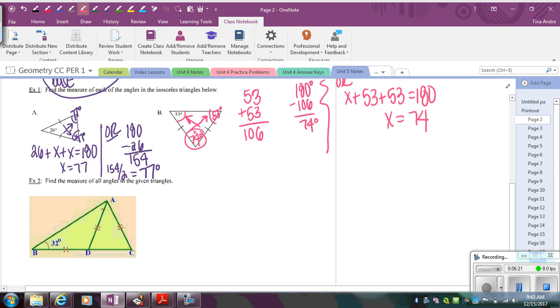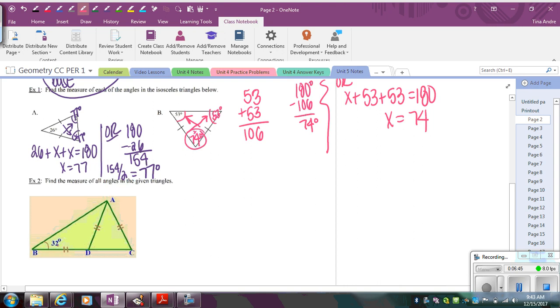By sides, it's isosceles. And then when you look at the big triangle, it looks as if maybe a right triangle, maybe acute. I don't really know exactly by looking at this. But then I also look at this by sides and say, okay, it's scalene because I don't have enough markings to represent anything else. So I see 3 triangles, and I have to find the measure of all the angles.